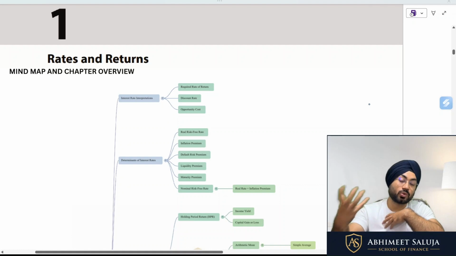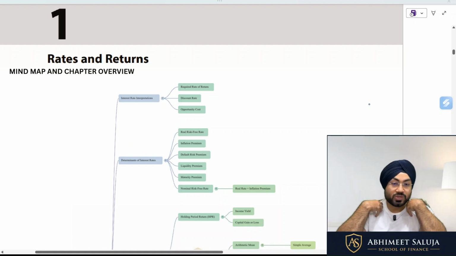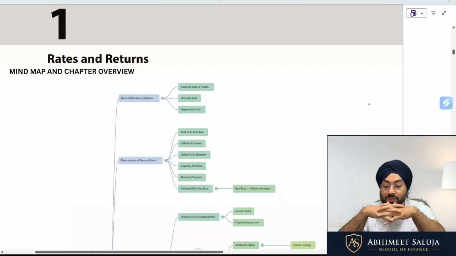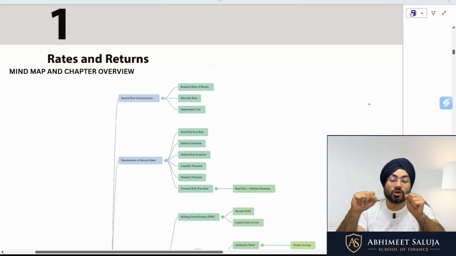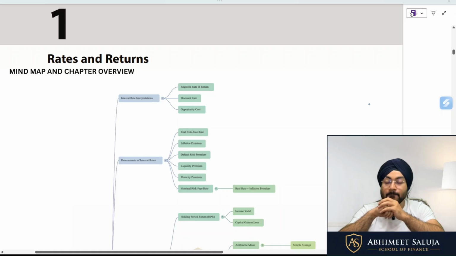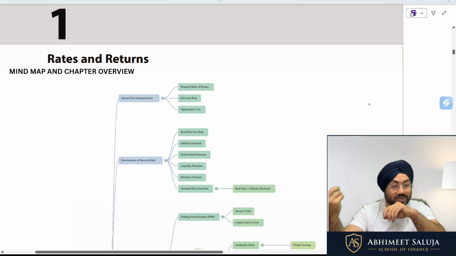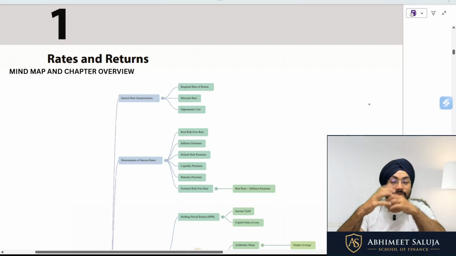I'll be teaching through these notes, which are prepared by me, and you will also get access to them. You can get a printout and take the notes along with you when you study. Suppose I am discussing a topic or doing a question and you have a doubt.